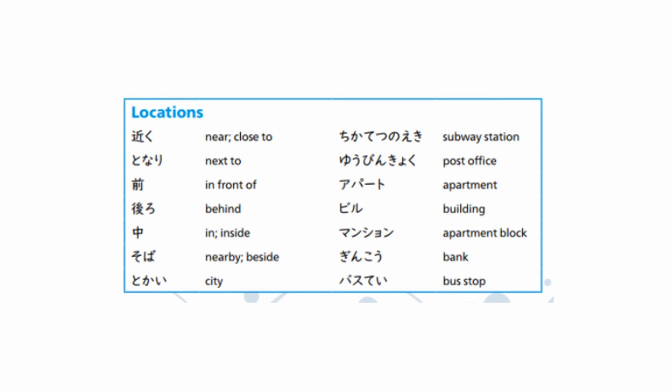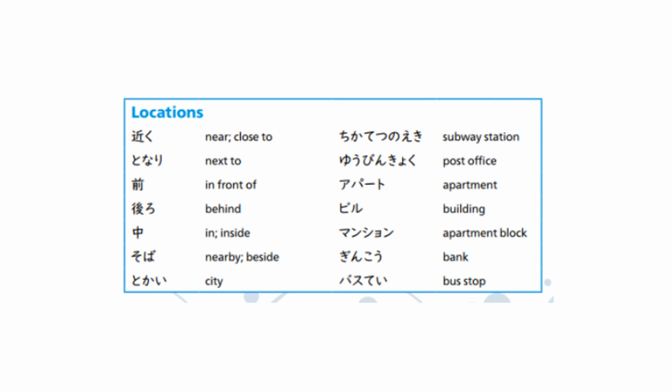Here are the words you'll need to know for upcoming activities. So I'll say them, and it might be good if you can listen and repeat the words as you hear them. Chikaku, which means near or close to. Tonari, which means next to. Mae, in front of. Ushiro, which means behind.